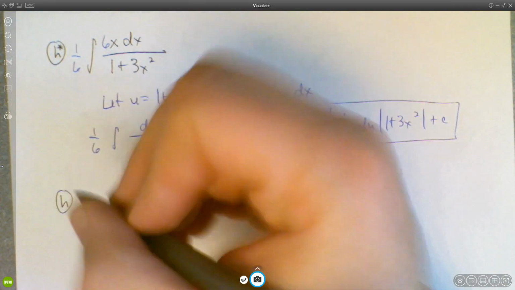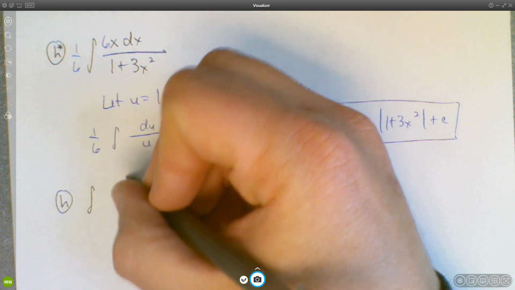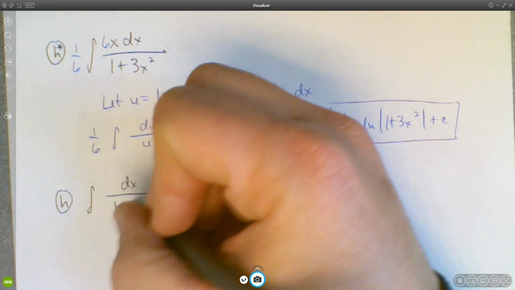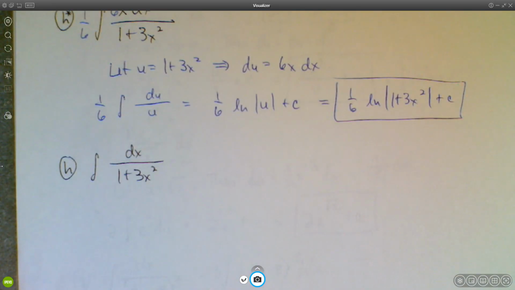But going back to our original problem, we didn't have an x up there. We just had dx over 1 plus 3x squared. What this reminds me a lot of is a tangent inverse, right?